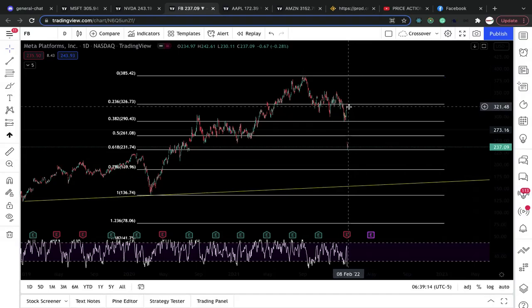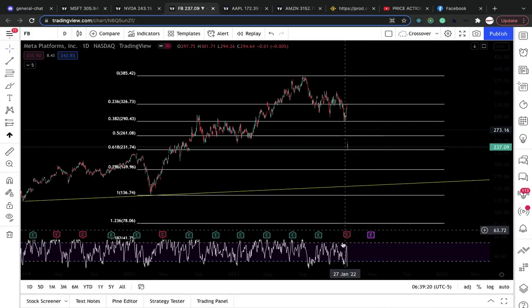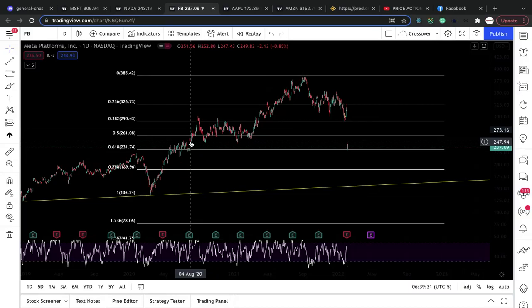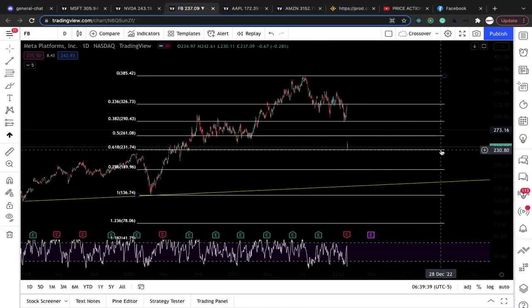Facebook, to me, is looking prime to make some type of relief rally. The RSI is extremely oversold right now. We are bouncing off a critical support level. We filled a gap. It's giving us signs that it wants to head back to the upside. However, price action is king.